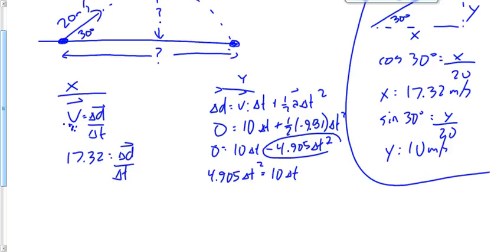And then we divide everything by t. And the t on the right side disappears. One of the t's on the left side disappears. We get 4.905 t equals 10. And t ends up being equal to 10 divided by 4.905, which is 2 point something.